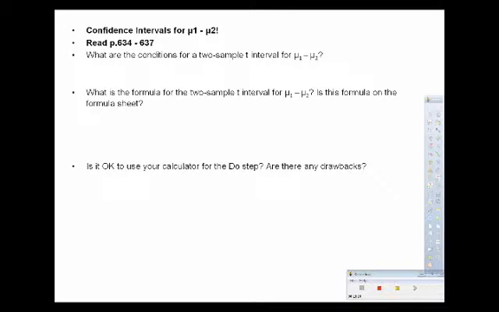Random: the data are produced by a random sample of size n1 from population 1 and a random sample of size n2 from population 2, or by two groups of size n1 and n2 in a randomized experiment. So you have to check both of those.